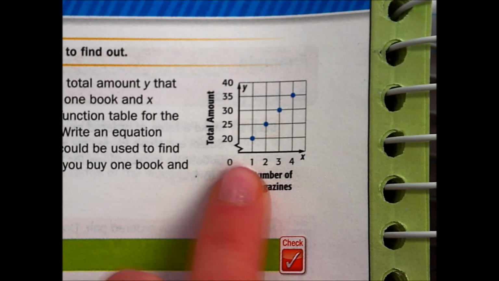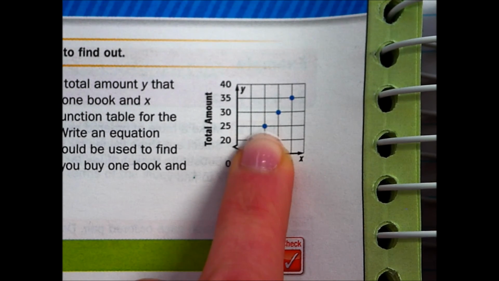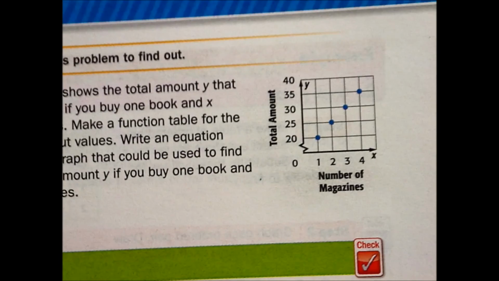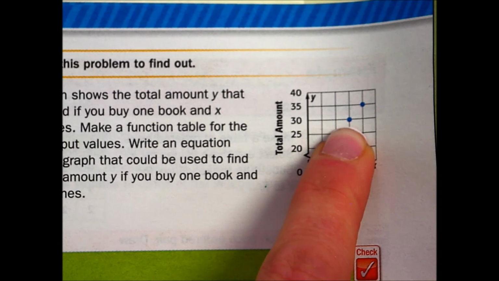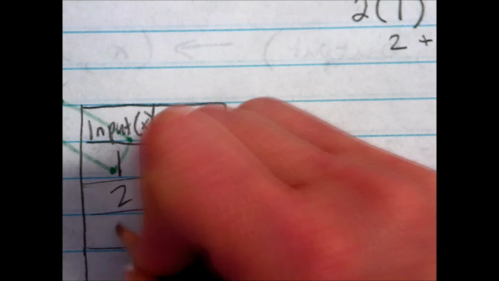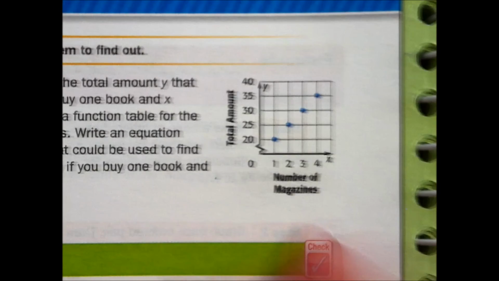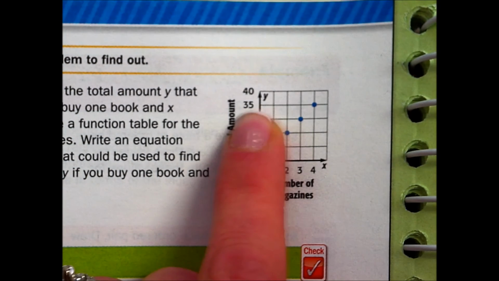Okay, our next ordered pair, X is 2, Y is 25. Then we have 3 and 30. And 4 and 35.